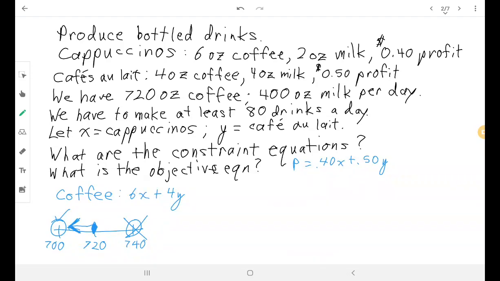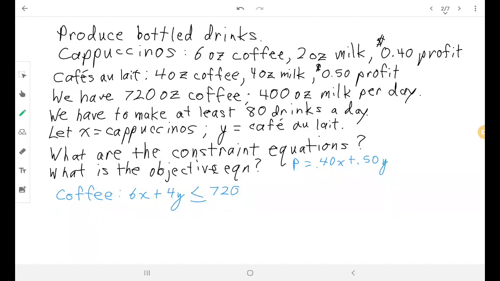The less than and greater than symbols are just the ends of arrows pointing on a number line. So less than, and then half of an equal sign for or equals, 720 ounces. That's how you can check that idea and make sure that you're getting the correct inequality.